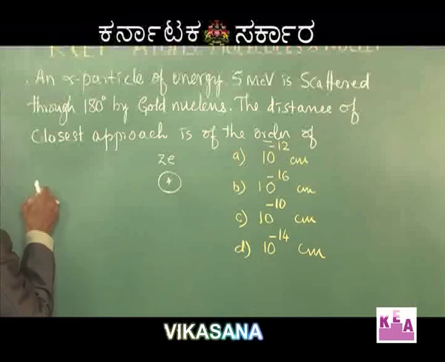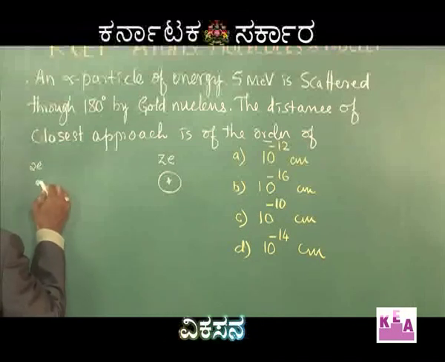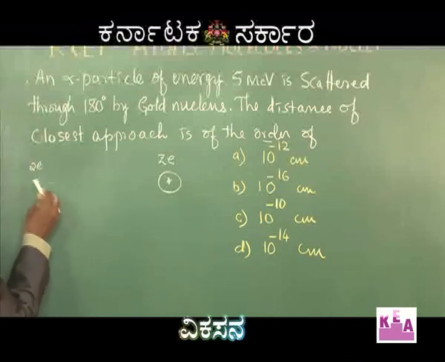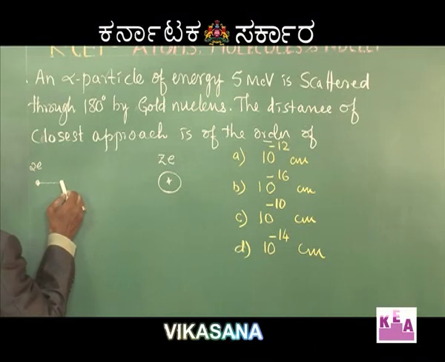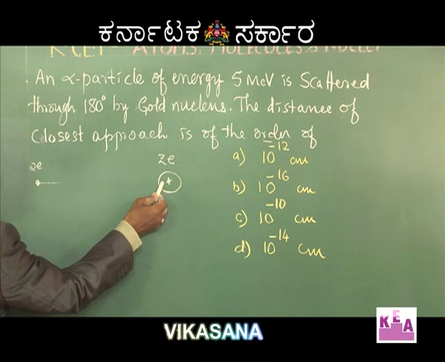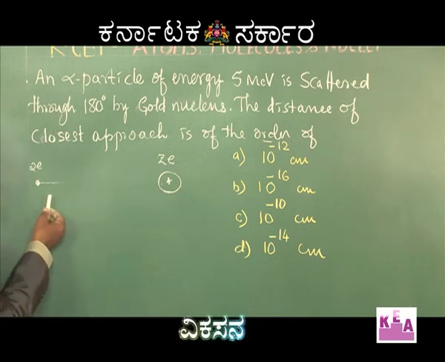And you think that an alpha particle whose charge is 2e is approaching the nucleus. Now, you should visualize that as this alpha particle with energy moves towards the nucleus, which is also positively charged, it experiences a repulsive force.